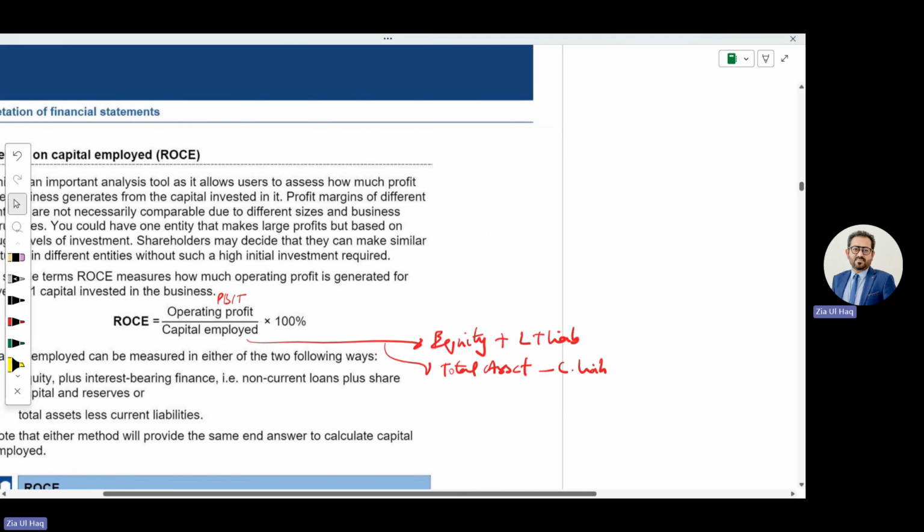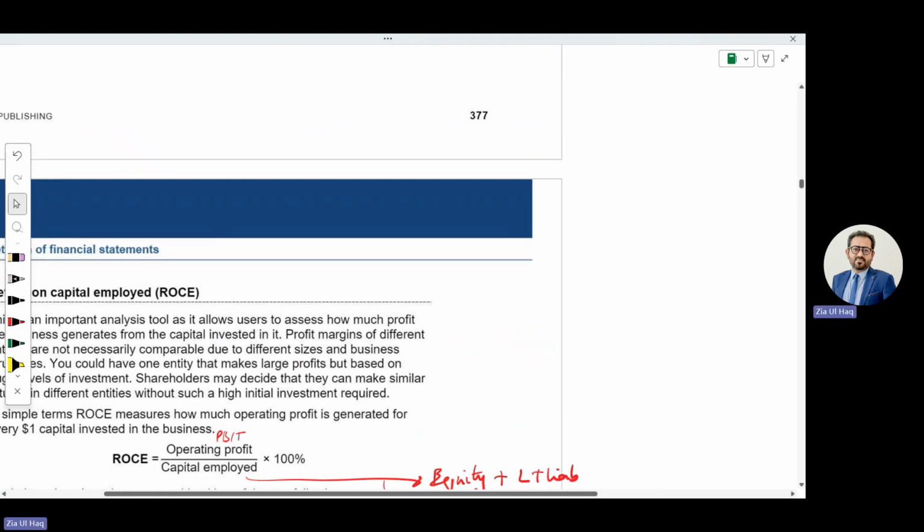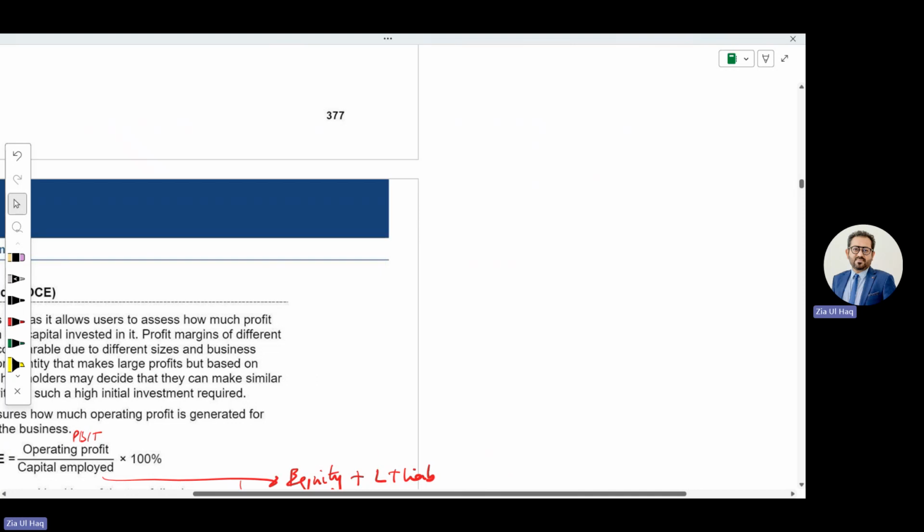We are familiar with the statement of financial position, meaning the balance sheet. If we talk about the statement of financial position, first we need to record non-current assets like land and building, etc. In that, we need to add current assets. What is involved in current assets?